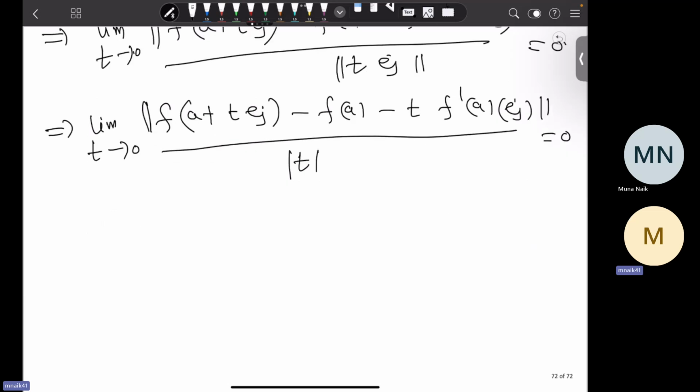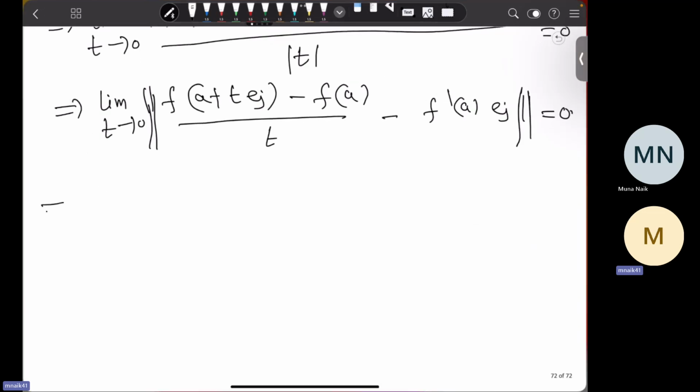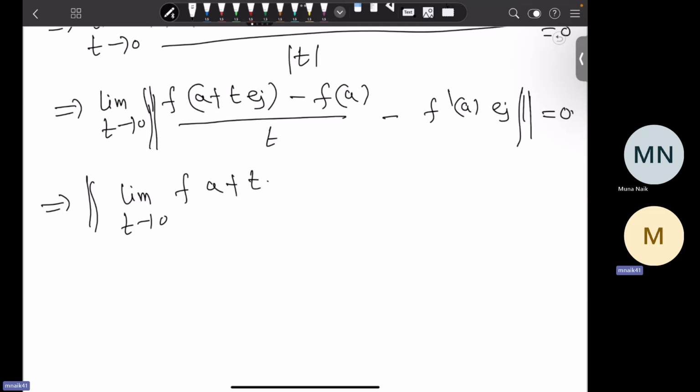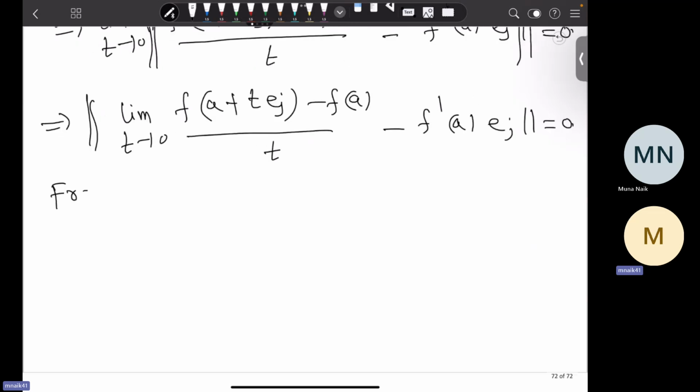That gives the limit as t tends to 0 of the norm of (f of a plus t ej minus f of a) by t minus f prime of a applied on ej, which is 0. Now the norm is a continuous function, so I can take the limit inside. So the limit as t tends to 0 of (f of a plus t ej minus f of a) by t minus f prime of a ej is equal to 0. So from above, what do we get?